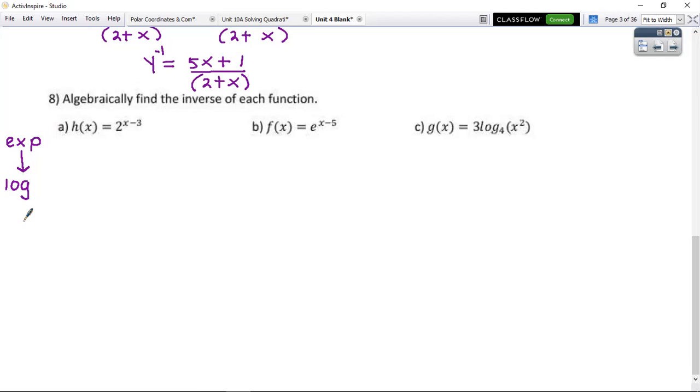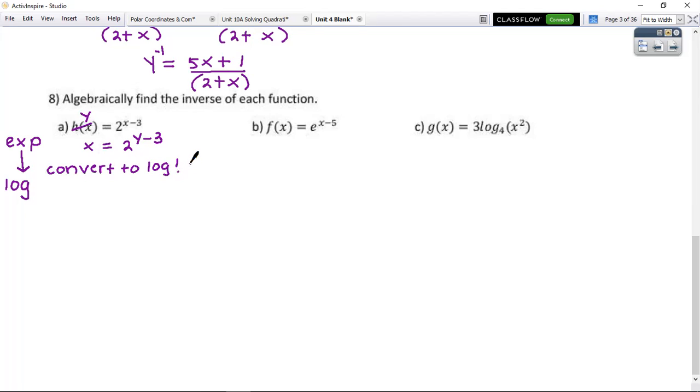Okay? So I switch this to y. I switch x and y. And now I know to undo this exponential form, I convert this to logarithmic form. So I'm going to write you a little note right here. Convert to log.